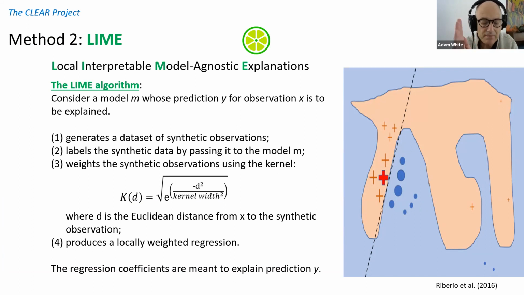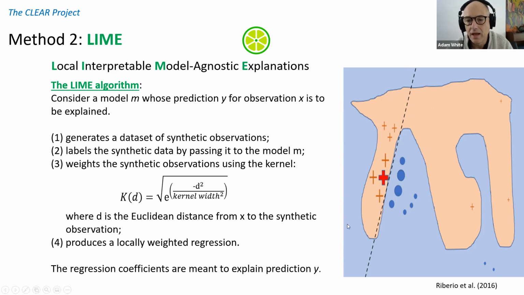Each observation is then passed through the AI system, which labels it with a forecast, and the labeled observations are then weighted on their Euclidean distance to the observation. So if we look at this diagram here, the orange patch will correspond to the space for which a classifier assigns the observation as, say, class 1.